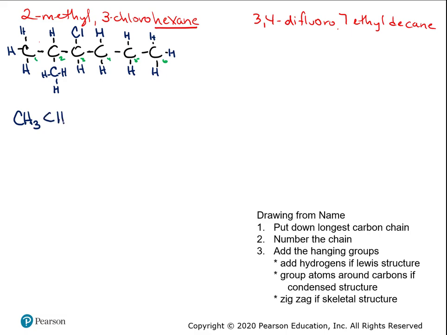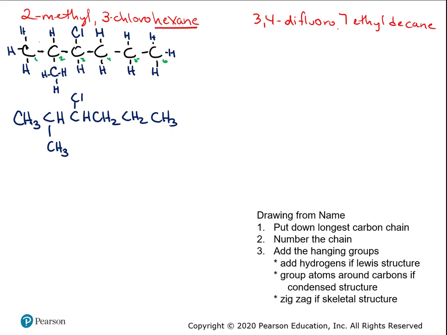Just 1, right? Carbon 2 has an H up, but then coming down is a CH3. Then carbon 3 would have how many hydrogens? 1, so it's a CH, and sticking up it has a chlorine. But now 4 has CH2, 5 CH2, and 6 CH3.